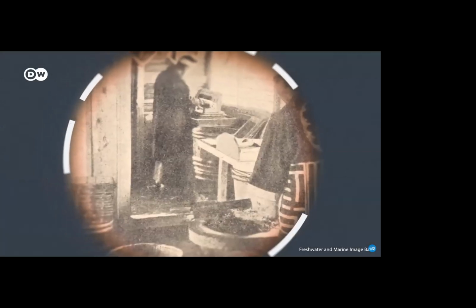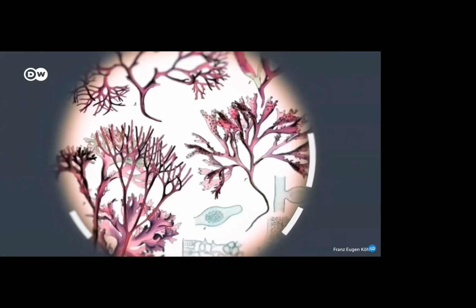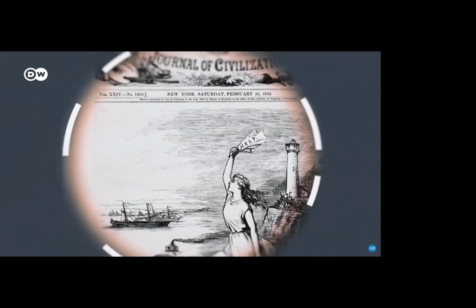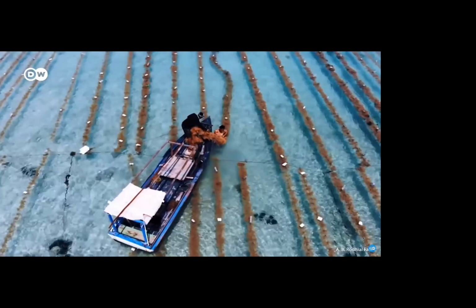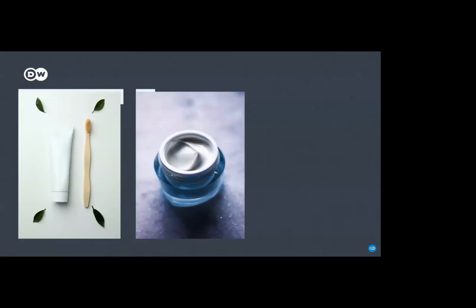From Ireland, a type called Irish moss is used worldwide as the food additive carrageenan. Algae also helped people there survive the Great Famine of the 1840s. Today, algae aquaculture is most well developed in Asia, where it makes up a large part of the cuisine. It can also be in toothpaste, cosmetics, and medication.